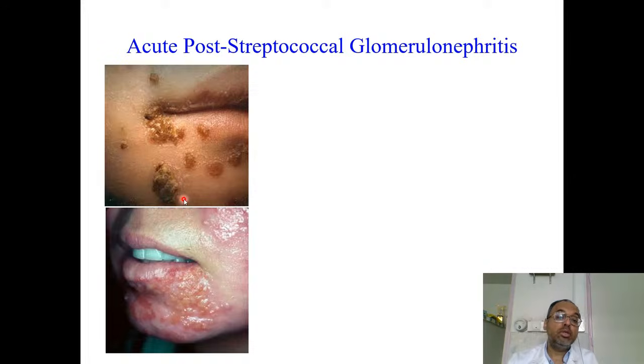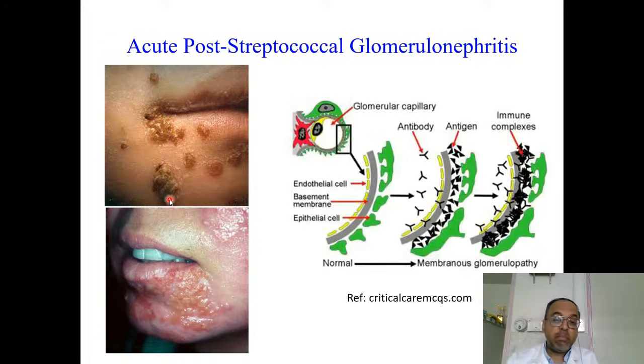It's called impetigo. And in the case of impetigo, again, antibodies would be produced against streptococcal antigens. But in impetigo, those antibodies are more likely to bind to streptococcal antigens which are present in the blood, because even though it's a skin infection, you might have streptococcal antigens present in the blood. The immune complexes might form, and those immune complexes might go to hit the glomeruli and get deposited there.